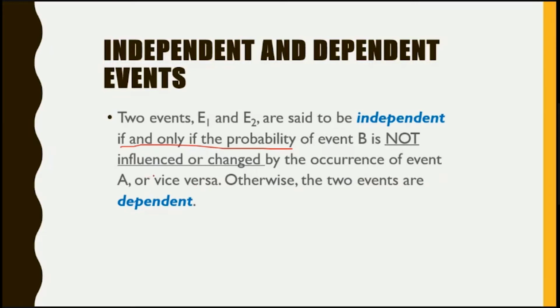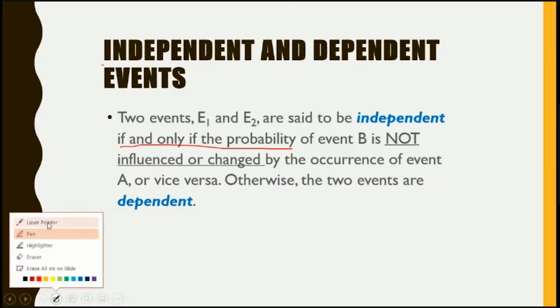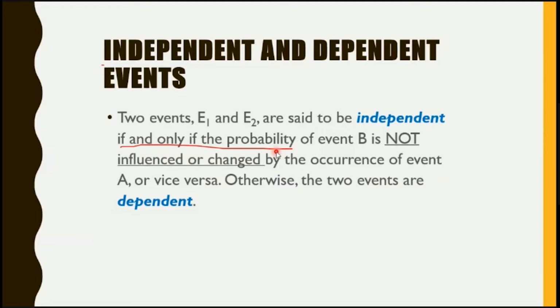Otherwise, if event A is affected by the occurrence of the other event, say event B, they are dependent events. Again, events are independent if the occurrence of the two does not affect each other. However, if one event affects another, then they are dependent events.